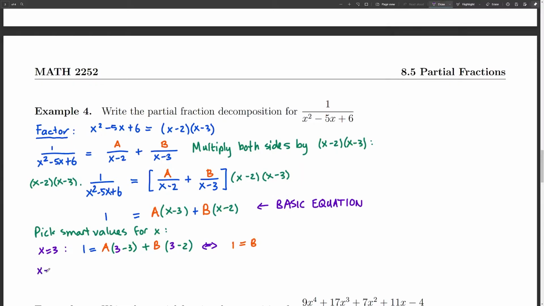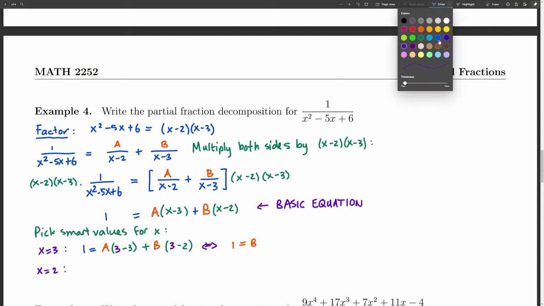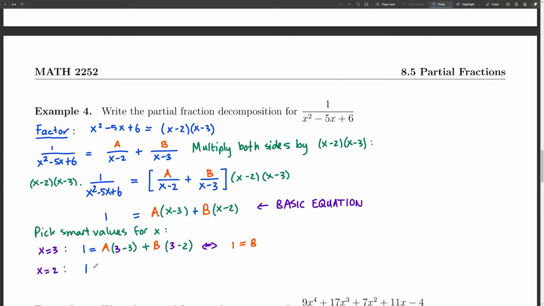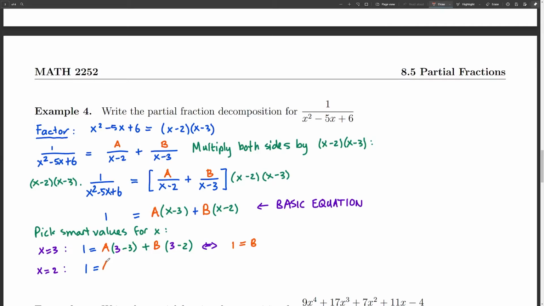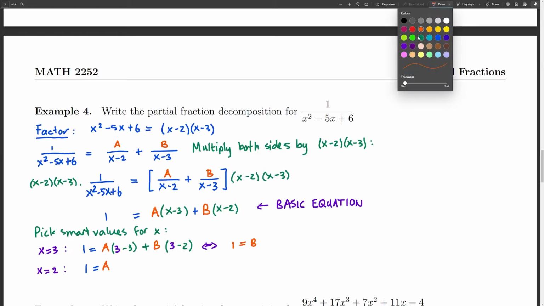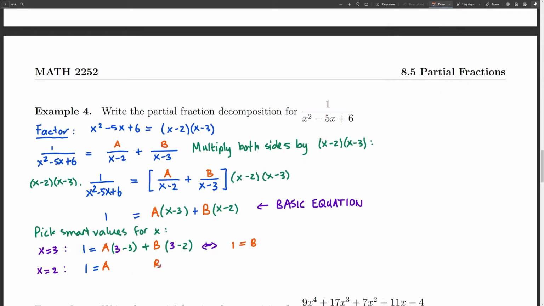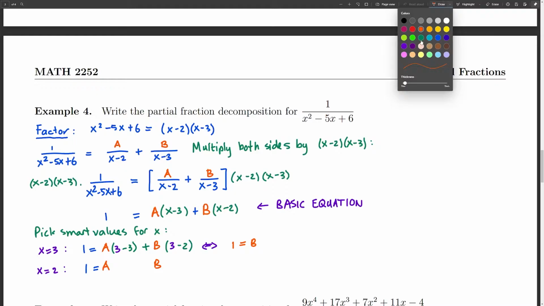Then the other smart value is x equals 2. When you plug that in, we get 1 equals a times 2 minus 3, and then b times 2 minus 2. So we see that b is going to disappear.